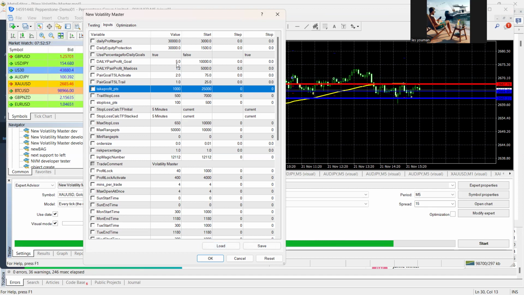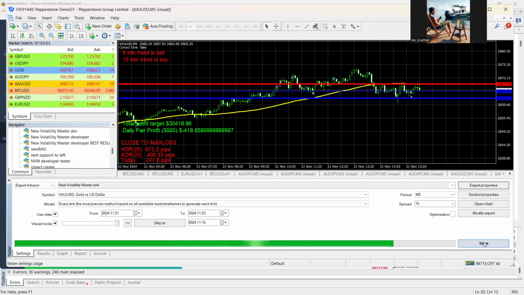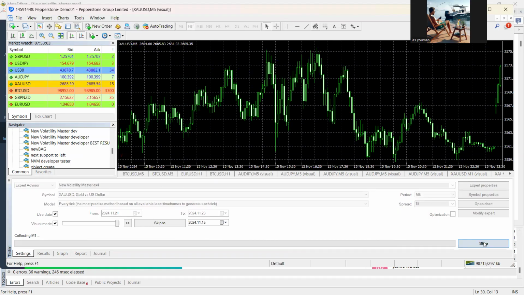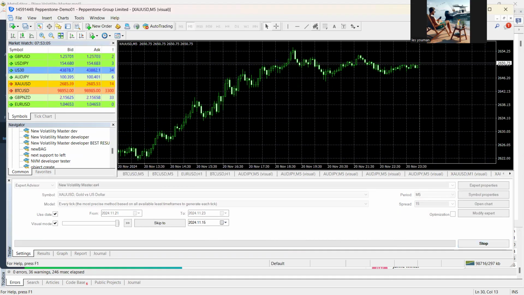I'll leave the profit goal set at 5%, and we'll back test that same time, and I'll be able to explain it better as it does it. And so obviously the aim is to beat the $400 loss and also to beat the $2,500 profit.